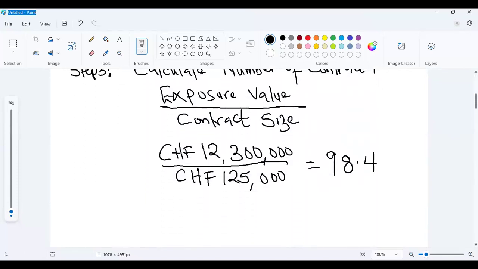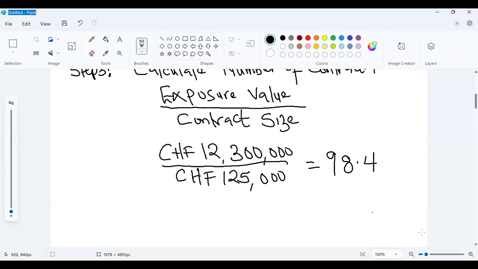Now, if you look at the contract size, we have fractions. And in this market, there is no room for fractional contracts. It can only accommodate whole numbers. Unlike the question we solved last week, when we calculated the contract size. Now, we have a situation here. We have a fraction.